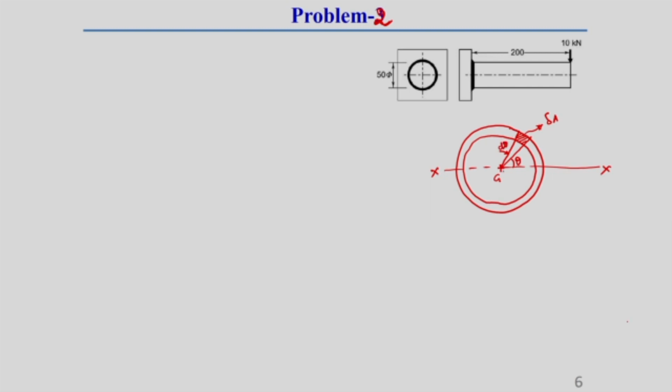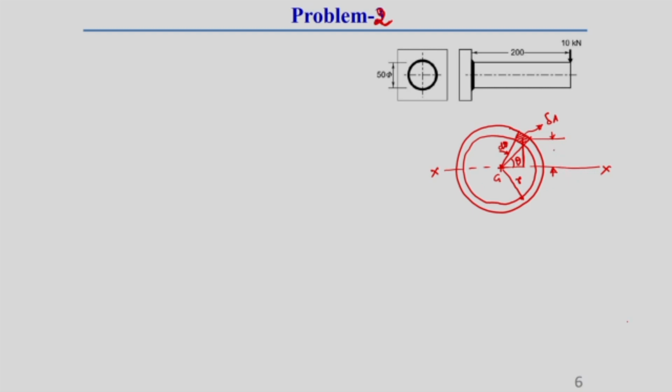Now, here the radius of this shaft, or you can say the circular weld, or the annular type of weld, is given as r. So, here what is r? R is generally considered as d by 2. So, what is the distance of this small elemental area delta A from this x axis?